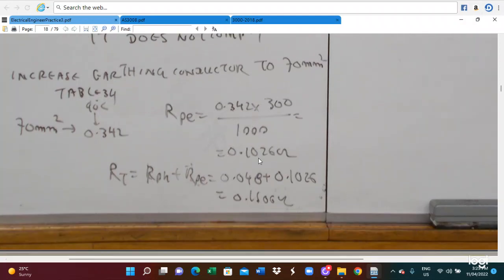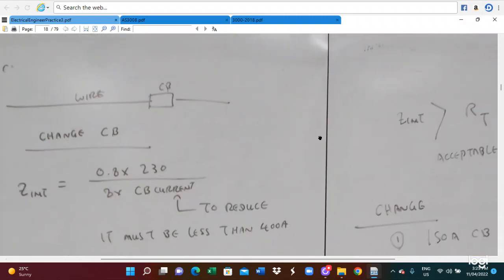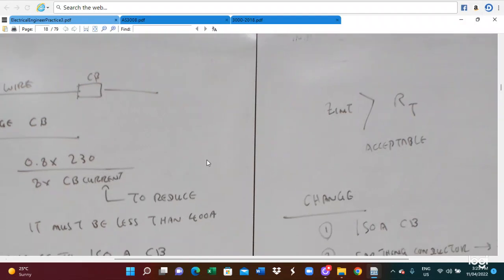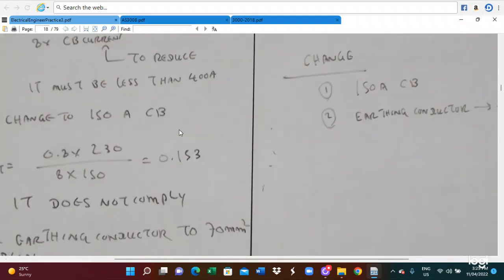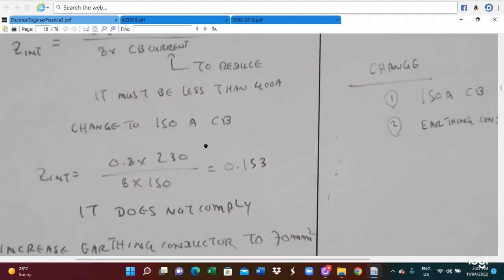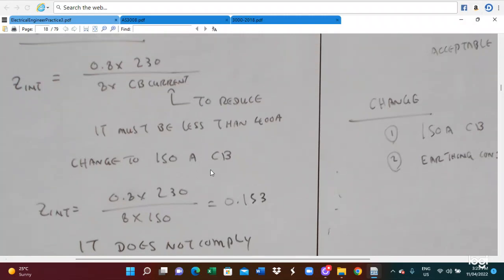So the 0.1052. Then we add again, 0.1506. So in this case, ZINT, we got it here. So this is the resistance. Therefore, we have increased the resistance as well. So in this case, ZINT is to be calculated.